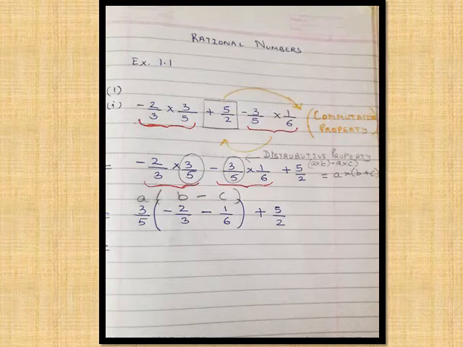Since 3 upon 5 is common in both the pairs of fractions, you remove the 3 upon 5 and put it outside the bracket. Now what remains in the bracket? That is negative 2 upon 3 from the first pair, then the sign in between is negative sign, and the last term, that is 1 upon 6. Don't forget there is an odd one out which we have kept out, that is plus 5 upon 2, bring it down.